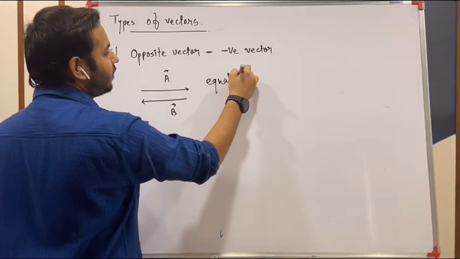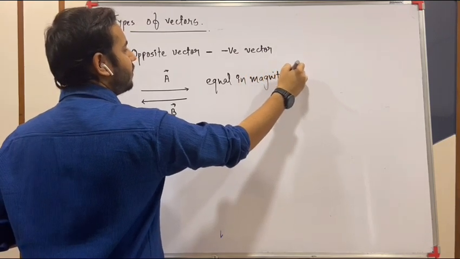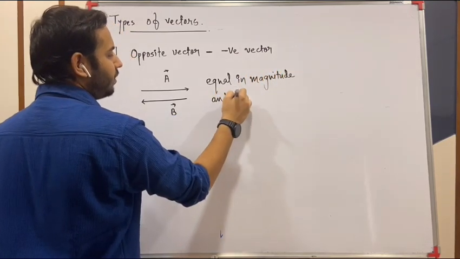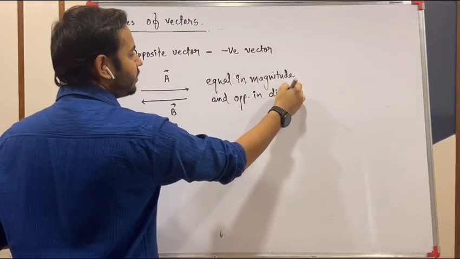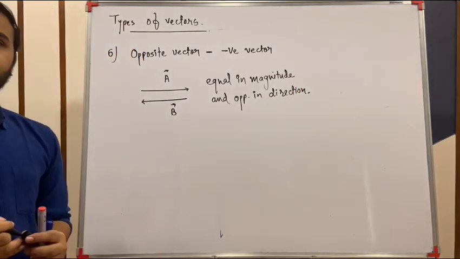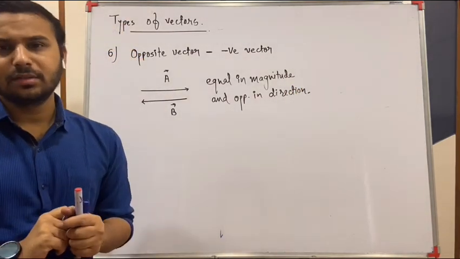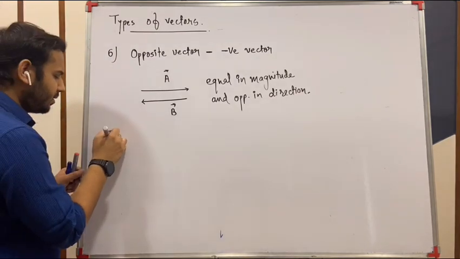Equal in magnitude and opposite in direction. Okay, which kind of vector these are? Opposite vectors. Understood? So this is opposite vectors.